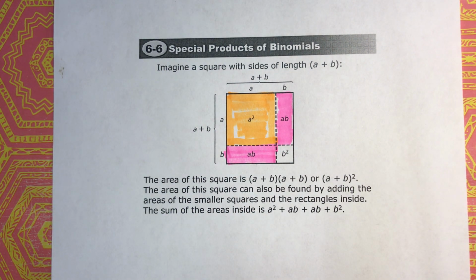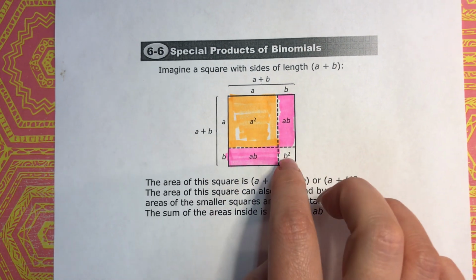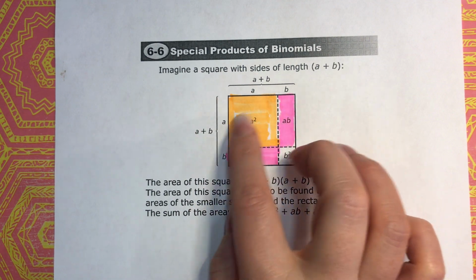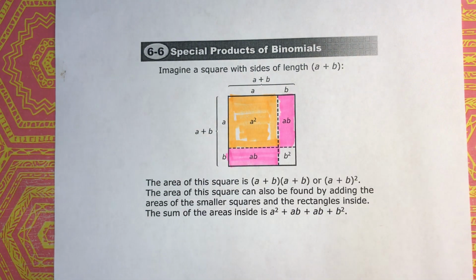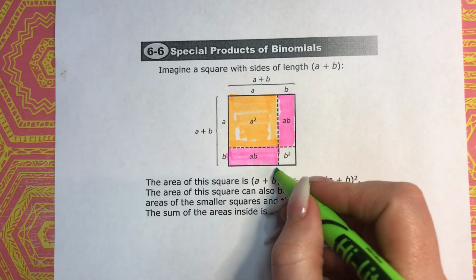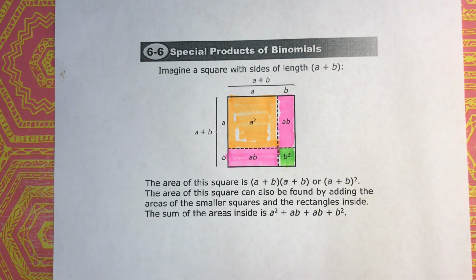And then lastly, we have this. See how all of these rectangles and squares make up this entire square? That means all of these added up is going to equal the area of the entire square. This one has a length of b and a width of b, so the area of it would be b squared.